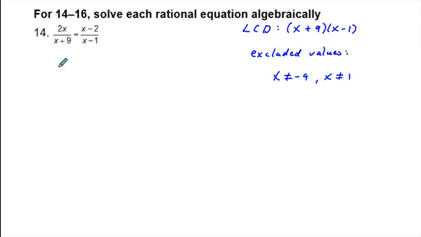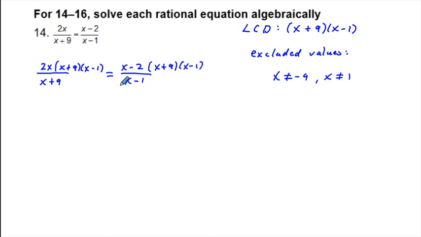Let's go ahead and rewrite this. We have 2x over x plus 9, and we're going to multiply by our least common denominator, x plus 9 times x minus 1, and that's going to be equal to, on the right side, x minus 2 over x minus 1, and we're going to multiply that by x plus 9 times x minus 1.